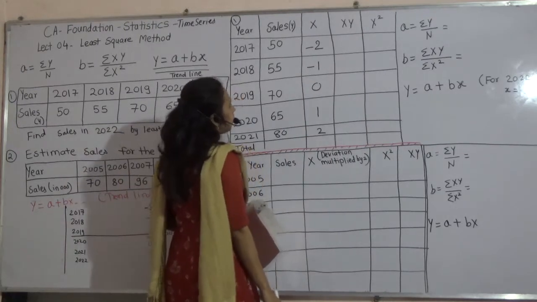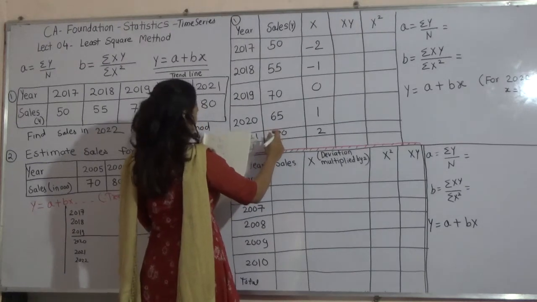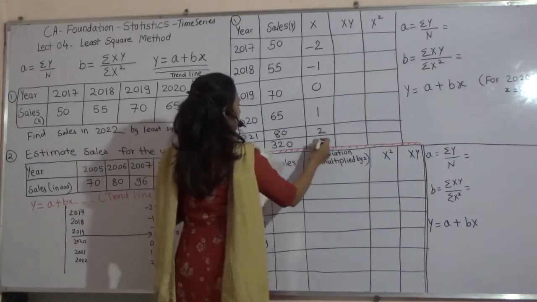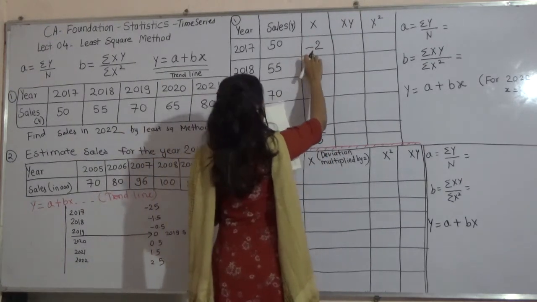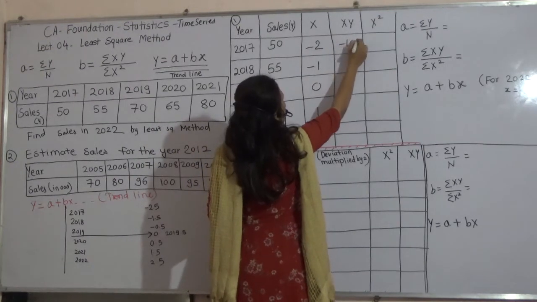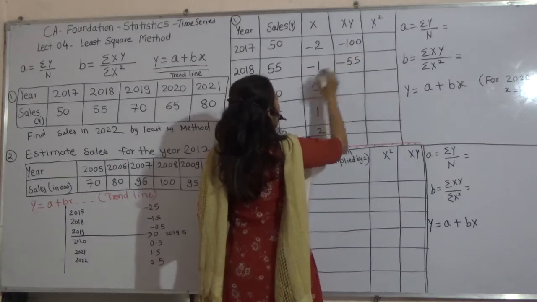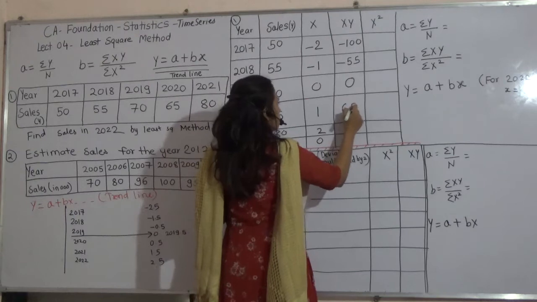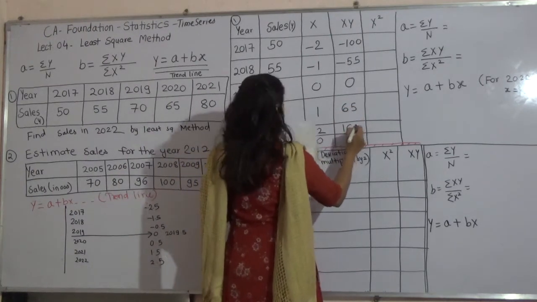Now next is x. Take the summation of x. Summation of y is here, it is 320. Summation of x will always be 0. Then xy means 50 into minus 2, 55 into minus 1 is minus 55, 70 into 0 is 0, 65 into 1 is 65, 80 into 2 is 160.